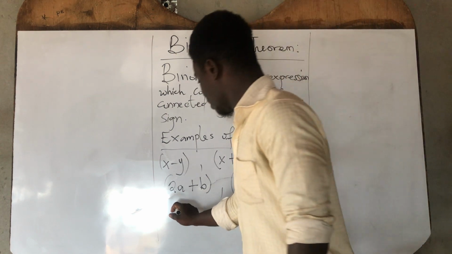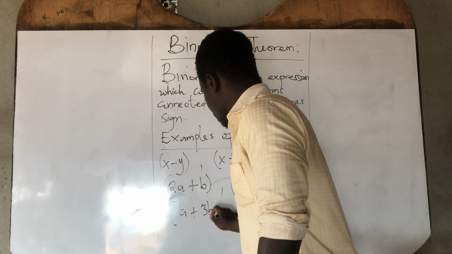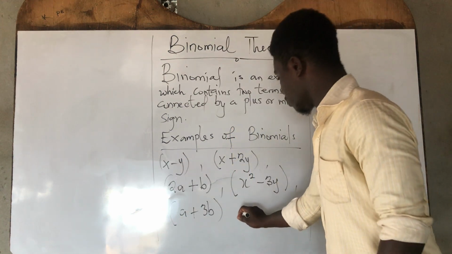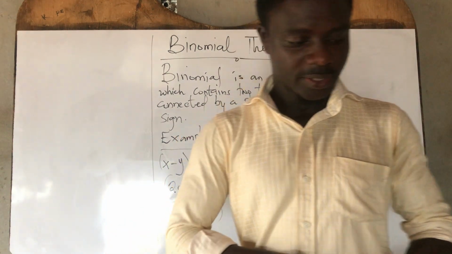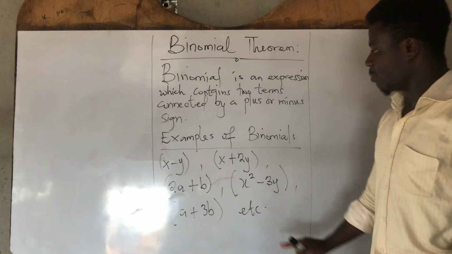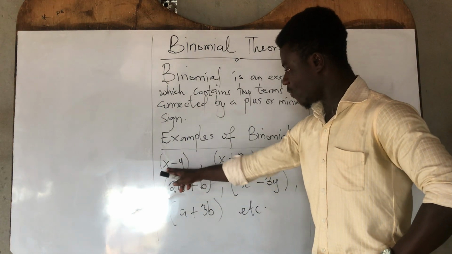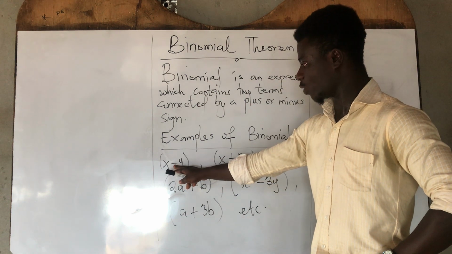We have a plus 3b, also a binomial, etc. So these are examples of binomials. As you can see, we have only two terms separated by this operational sign here, which is the minus.